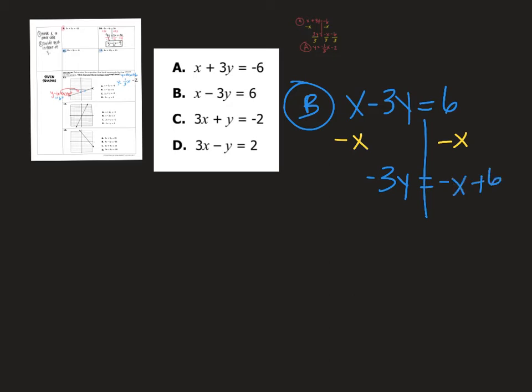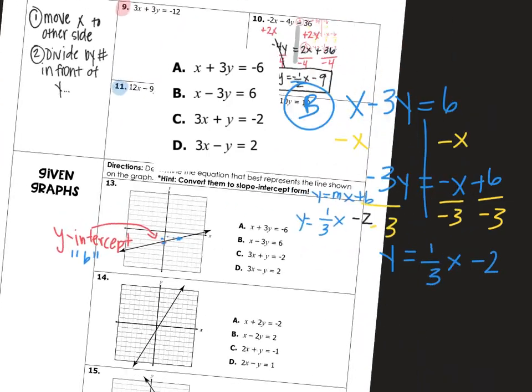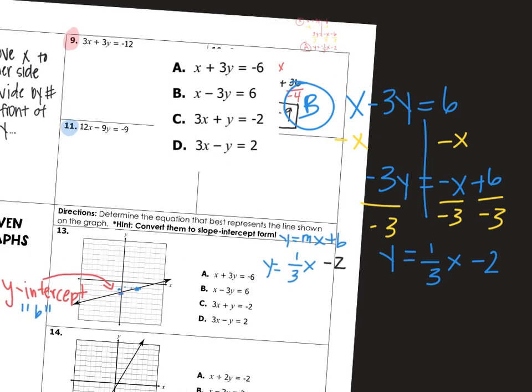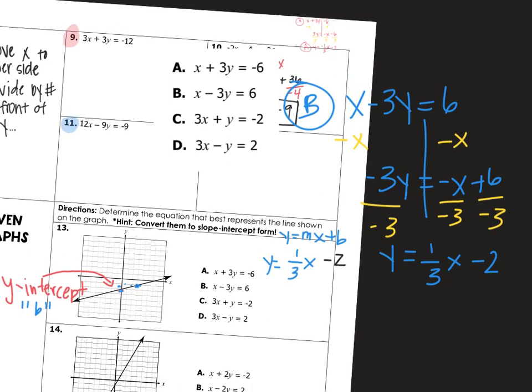We then will divide by -3, and we would be left with y equals 1/3 x, and then 6 divided by -3 is -2. And does that match our choice? Y equals 1/3 x minus 2? Yes, it does. So B, as of right now, works.